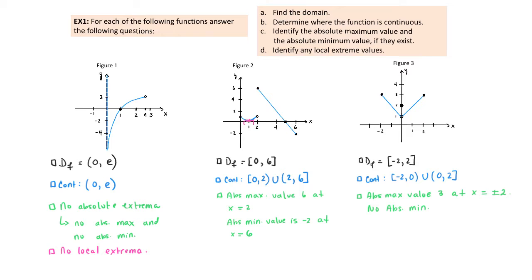So I claim that 6 is a local maximum. So here I have both. The local minimum is going to be 0, and this happens when x is 1, and the local maximum is going to be 6, and this happens when x is equal to 2.